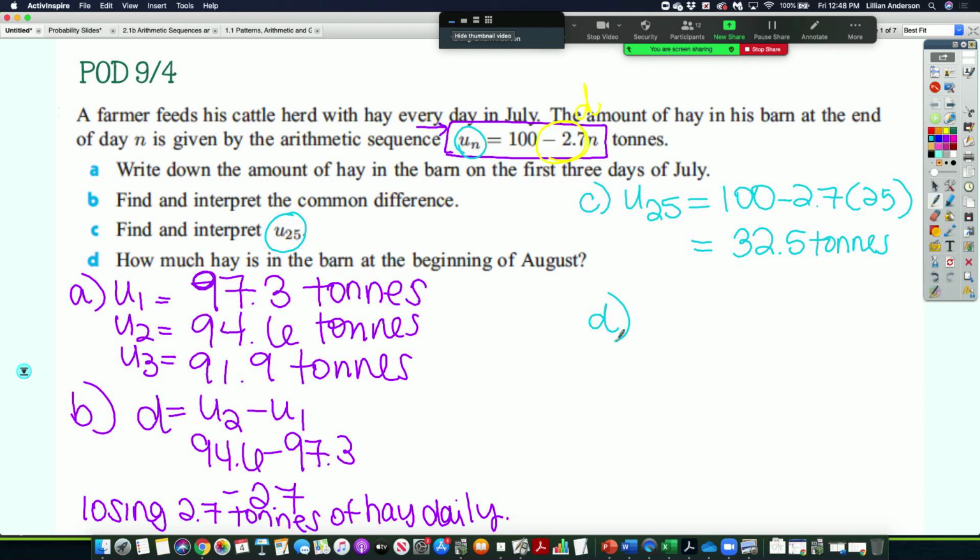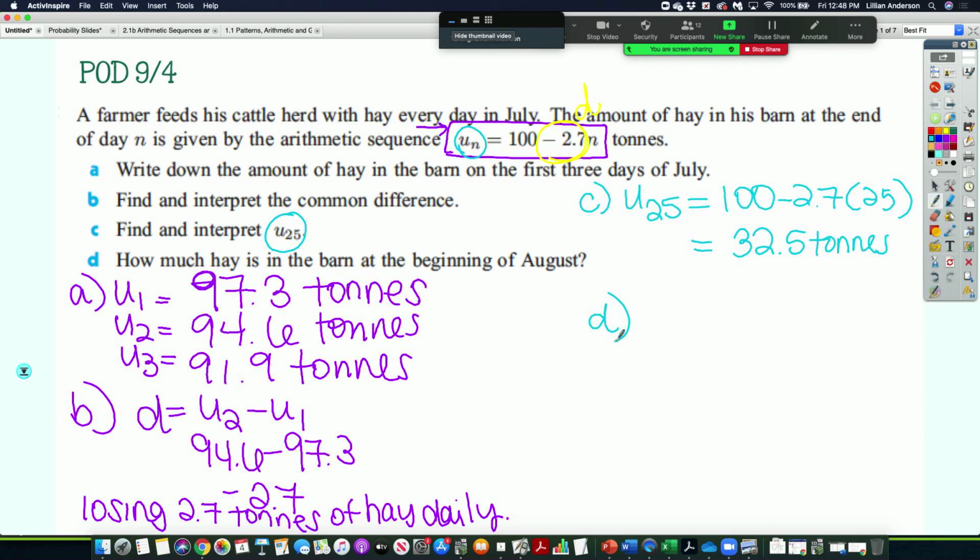And lastly, it says how much hay is in the barn at the beginning of August? How do I find that? Do you use how many days are in July? So I did 31 and I got 19.